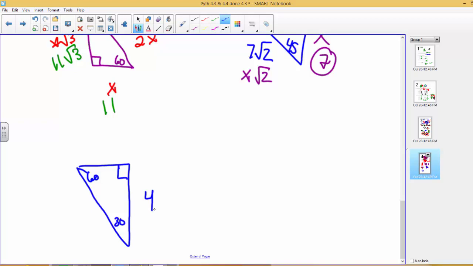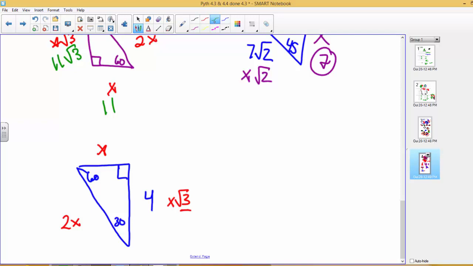Now, if you want, go ahead and pause and see if you can do this. If you're feeling stressed, keep listening. So, typically, the side across from the 30 is x, the side across from the 90 is twice x, and the side across from the 60 is x times the square root of 3. Now, this doesn't have a square root of 3, so we need to get rid of it.